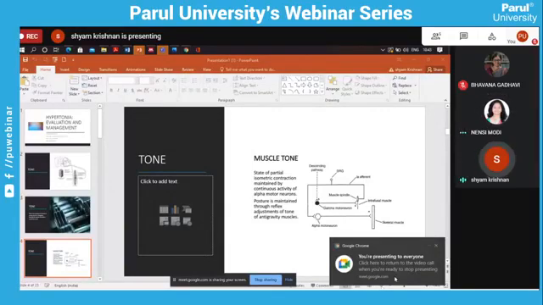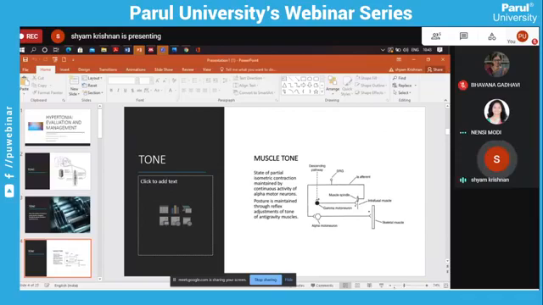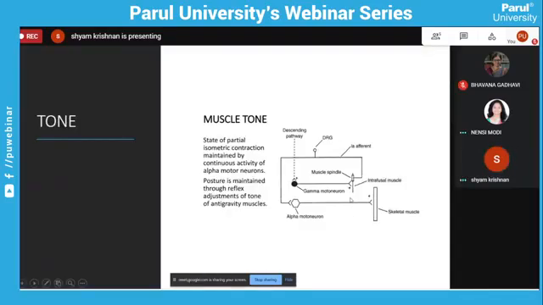Okay, so I was talking about the gamma motor neuron activity. We will see in detail how this is important in the maintenance of tone, and what happens when there is a pathological manifestation of tone.